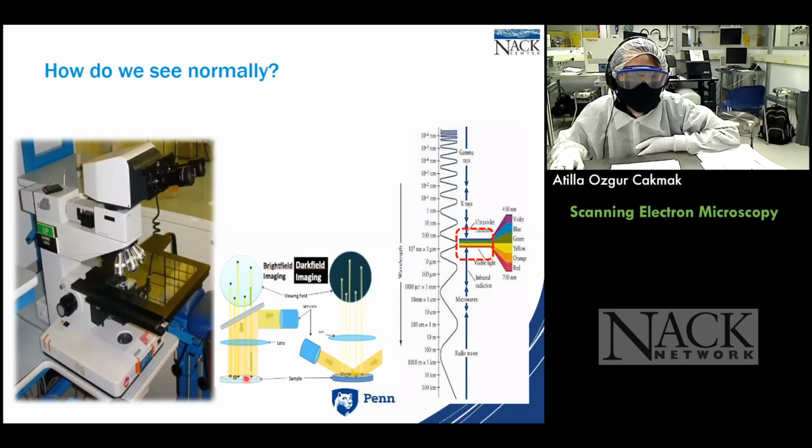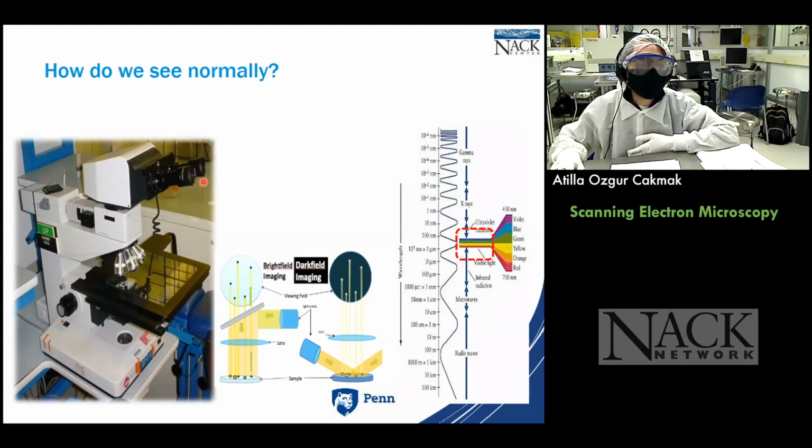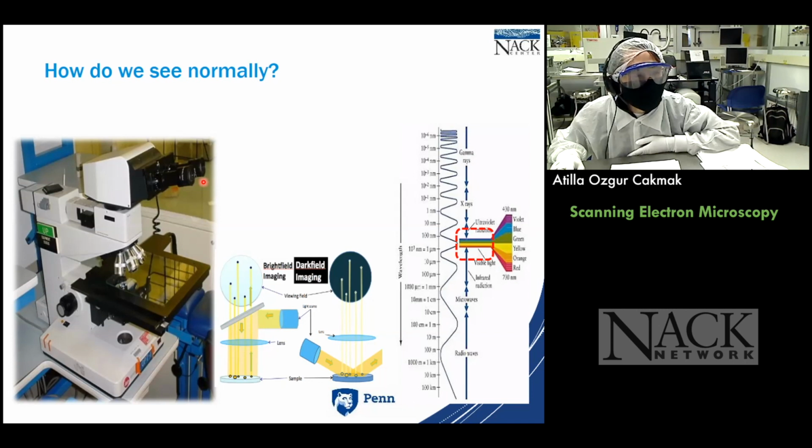You set your sample here and the light gets reflected back, and we get the information coming back in the form of reflection, and we decipher that by looking through the eyepiece. So we kind of cheat here. What is our detector? Our detectors are our eyes, the simplest and the cheapest, looking through the eyepiece.